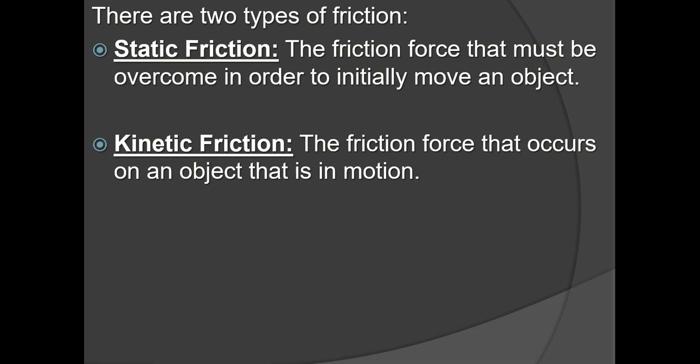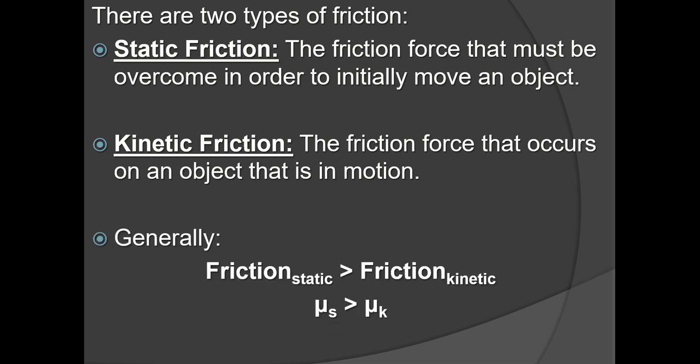And then the next one is called kinetic friction, which is the friction of motion. Whenever an object is already in motion, we still have friction, but the value is going to be a little different. Normally static friction is going to be bigger than kinetic friction. And if you have the same object, that means the only difference is going to be the mu value. So again, force of friction that's static is going to be bigger than force of friction that's kinetic.